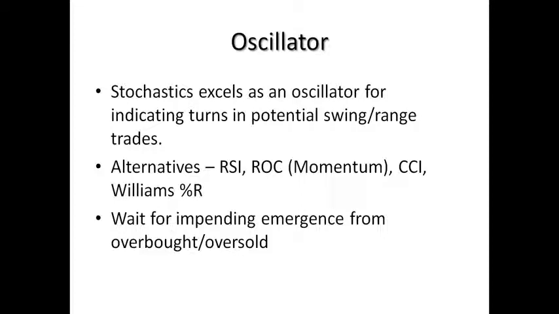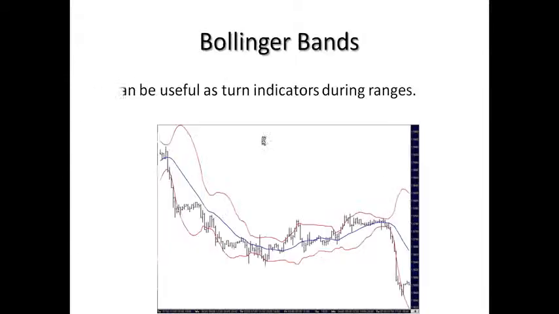Now, when the oscillator is in the middle, between overbought and oversold, I don't care about the oscillator. I'm not even looking at it. I'm looking at it possibly for divergence purposes, but for any other momentum purposes, I don't care because it's not in overbought or oversold. At that point, it's not telling me a lot. Okay, that's the oscillator.